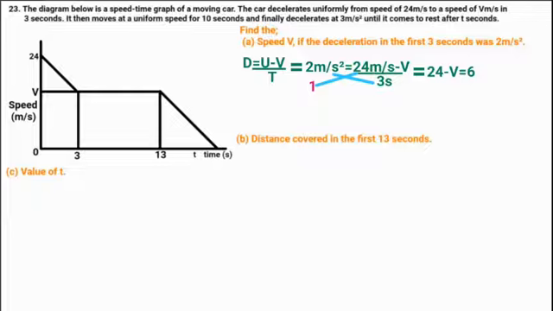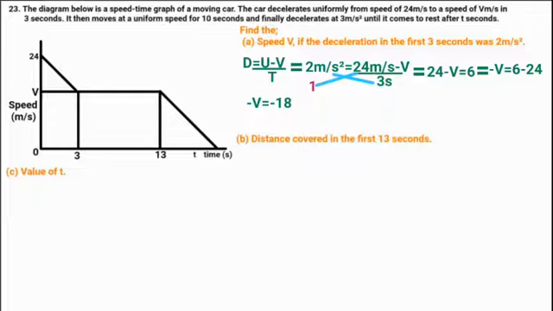Then I'm going to put like terms together, so negative v is equal to 6 minus 24. 24 is crossing the equal sign, so it becomes minus. Once we do that, I find the value of 6 minus 24, which gives negative 18. So negative v is equal to negative 18.